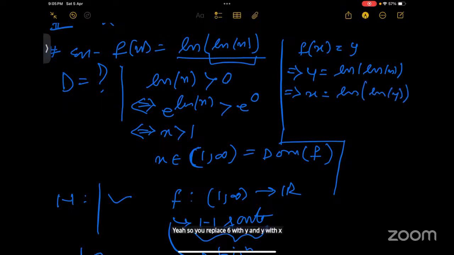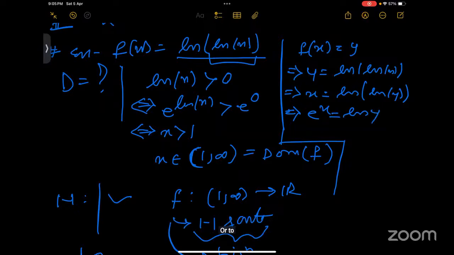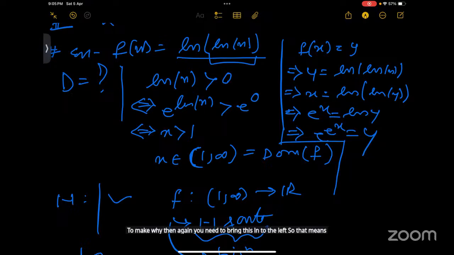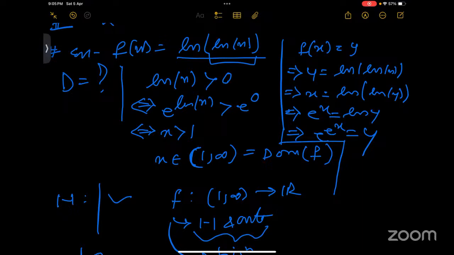So this will become x equals ln of y, and we have to find the value of y from here, right? So first the ln will go to the left, so that will become the inverse of ln, e to the power of x, right? Correct. e to the power of x is equal to ln of y. Now to make y, again you need to bring this ln to the left. So that means e to the power of x is equal to y. So that means e to the power x is the inverse of this function. Any doubt?